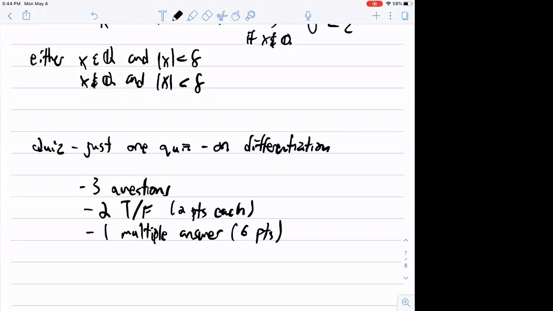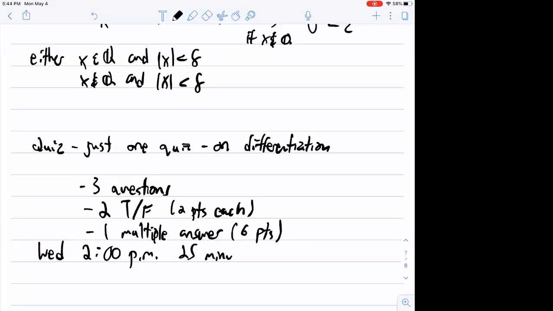Any questions? So it starts Wednesday at 2 p.m. You have like 25 minutes, I think, 25 or 30, I forgot. But the true/false should take like 2 minutes.